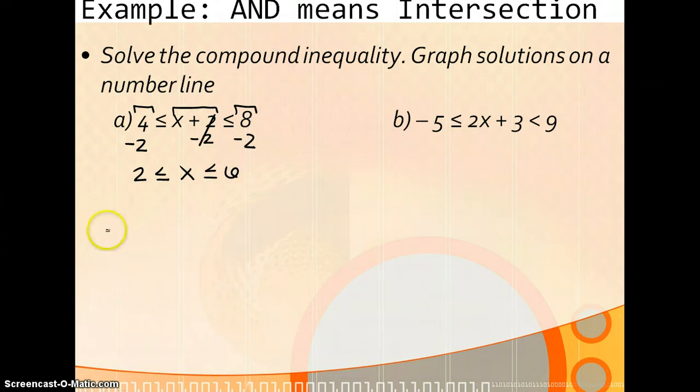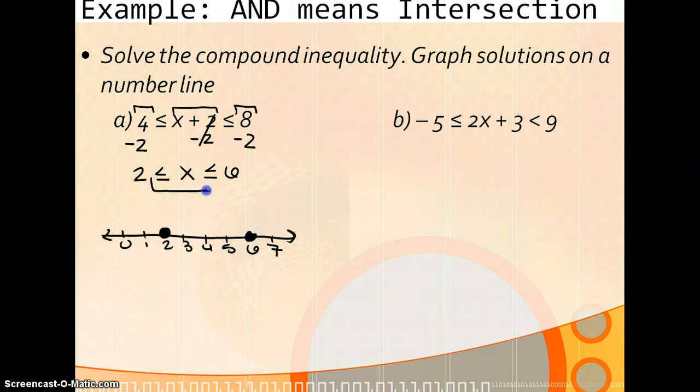To graph it on a number line, you first draw your number line. I purposely put the 0 on the far left because we're going from 2 to 6. So it says 2 is less than or equal to x, and less than or equal to would mean a closed dot at 2, and then another closed dot at 6.